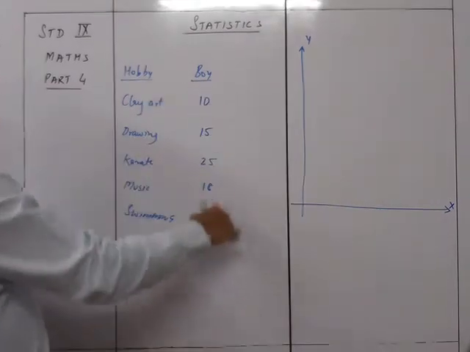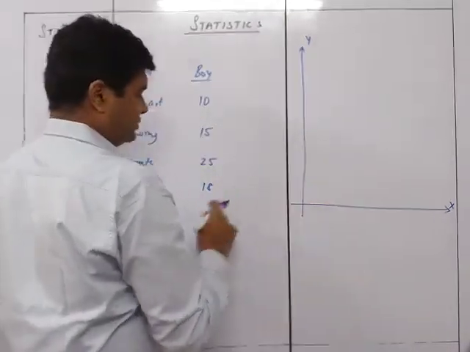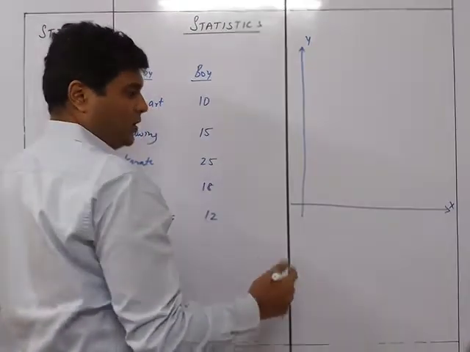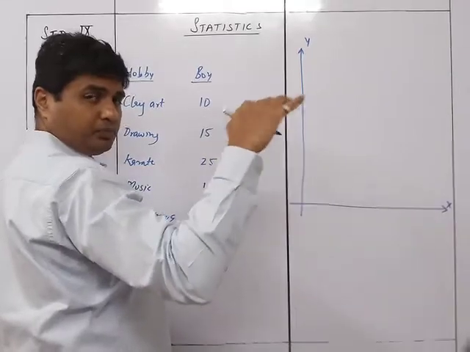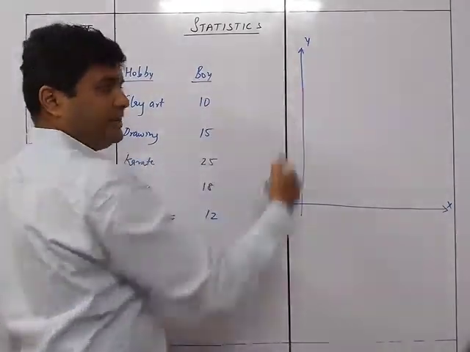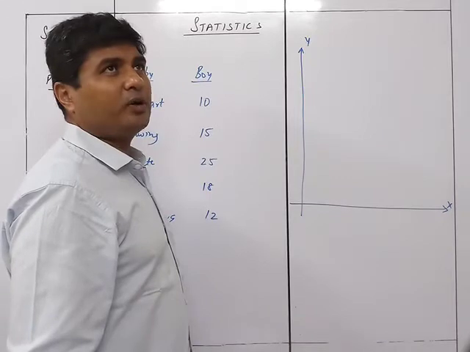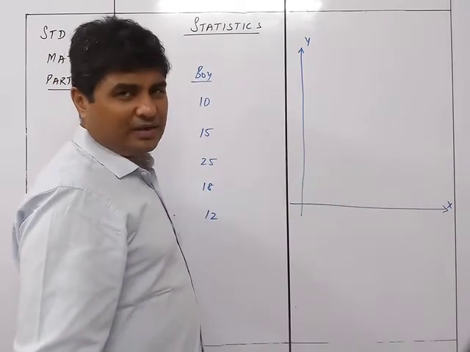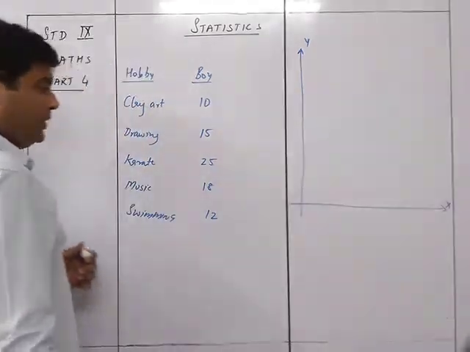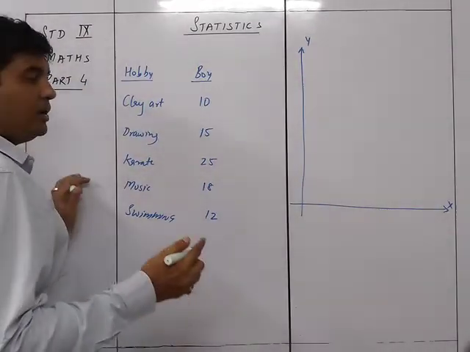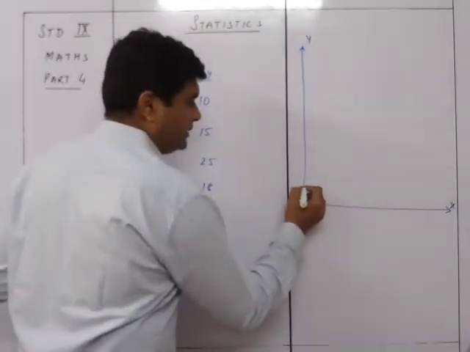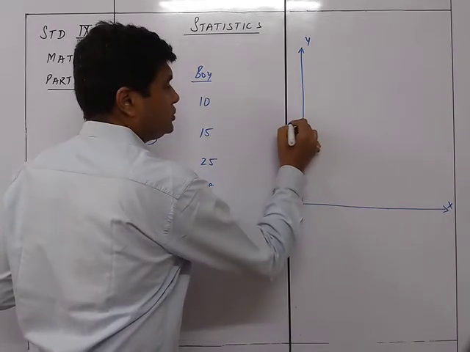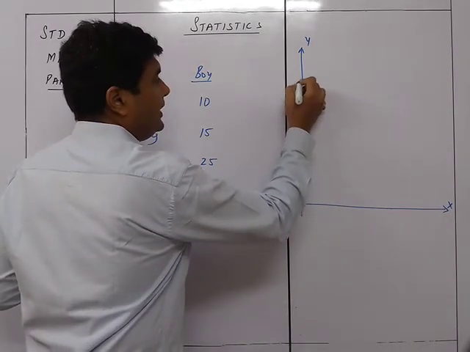Because I want 25 as the last number and the page is quite big, with a 2 by 2 graph there will be approximately 13 lines, so reaching 26 is possible. Or else we can take it slightly less. So we'll take it as 5, 10, 15, 20, 25, and this is 30.